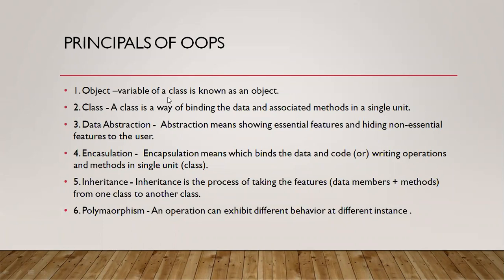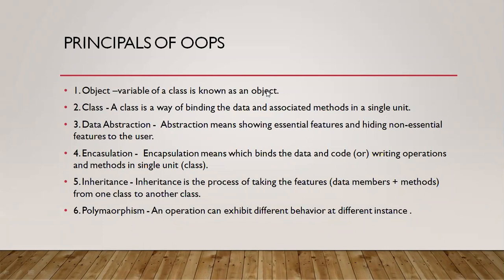Object is a variable of a class, or otherwise it is a real-time thing or real-time instance. In general cases, we call an object a thing, whichever can be touched by a human being.